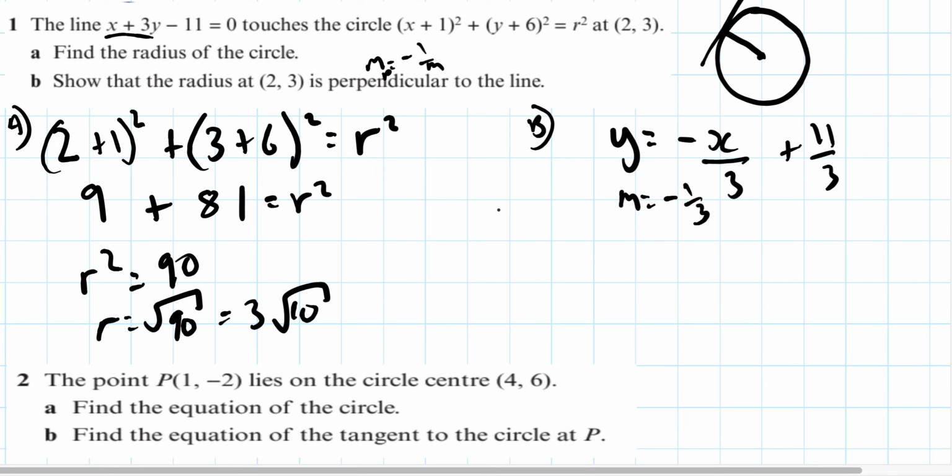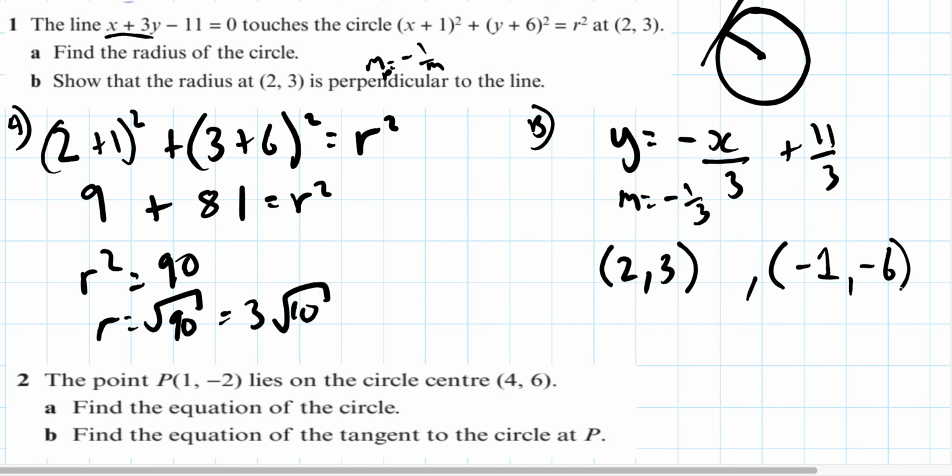To find the gradient of the radius, we're going to use our coordinates. We have the coordinates (2, 3), and we'll get the coordinates of the center of the circle, which we found previously, (minus 1, minus 6).